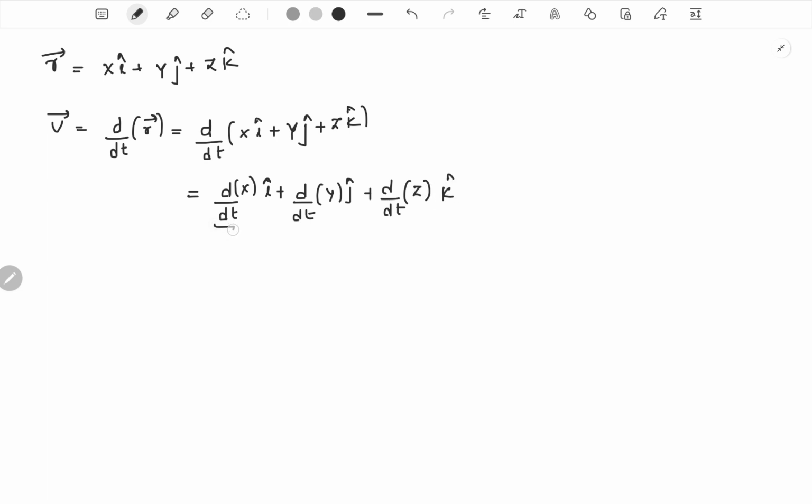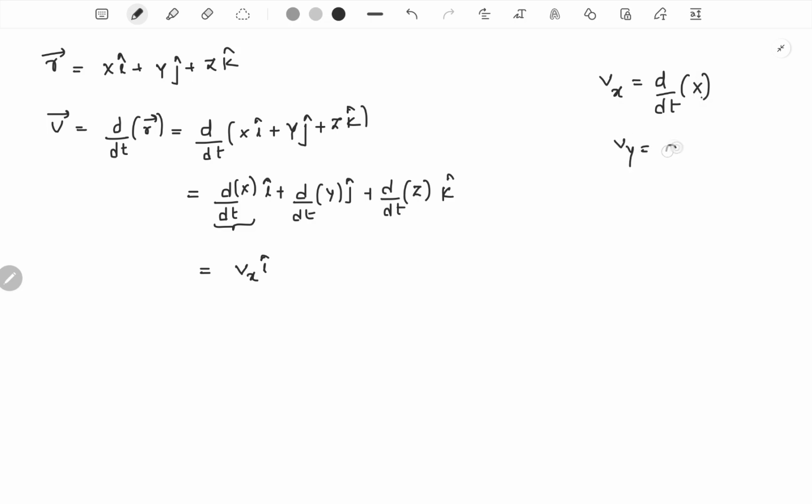Here d by dt of x would be the rate at which its x coordinate changes, or the rate at which it undergoes displacement along the x-axis, which would basically be the x component of velocity of that particular particle. So Vx is its x component of velocity, given by d by dt of x.